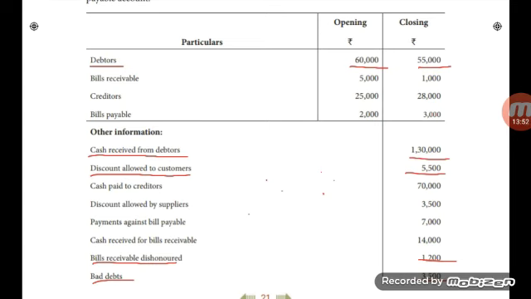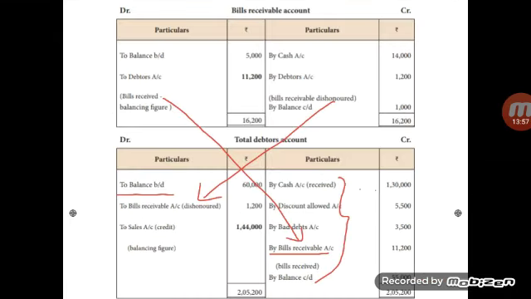Then on the debit side, to bills receivable dishonoured, 1,200. Children, note the point. The balancing figure of the bills receivable account that we got on the debit side goes to the opposite side while preparing the debtors account. Then bills receivable dishonoured, which we entered on the credit side in the bills receivable account, goes to the opposite side, the debit side, while preparing the total debtors account.